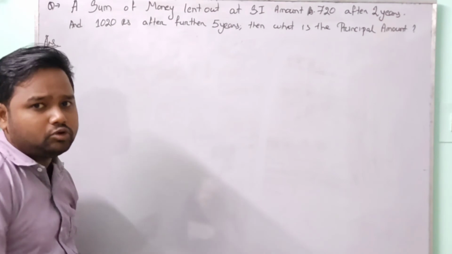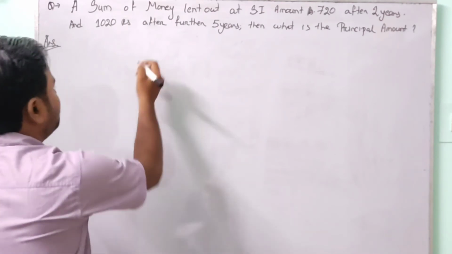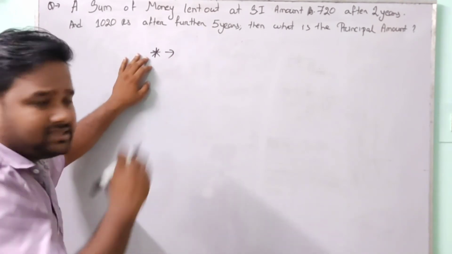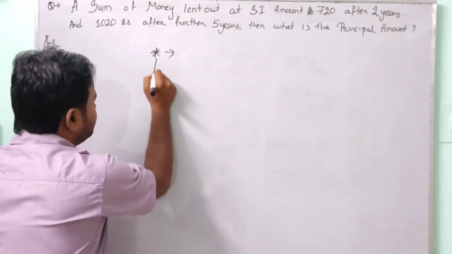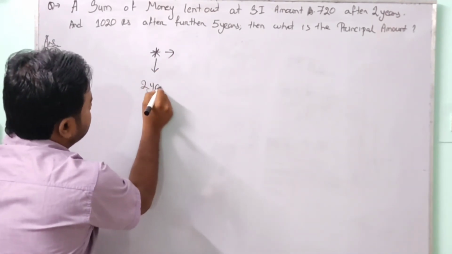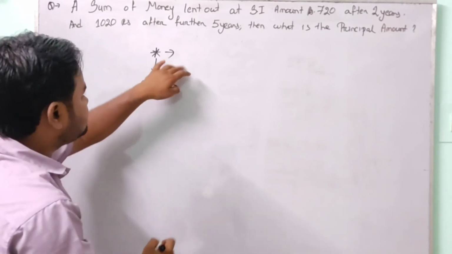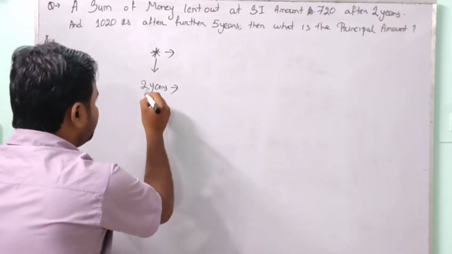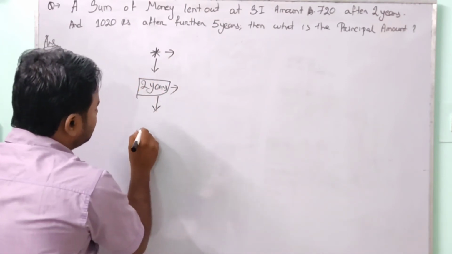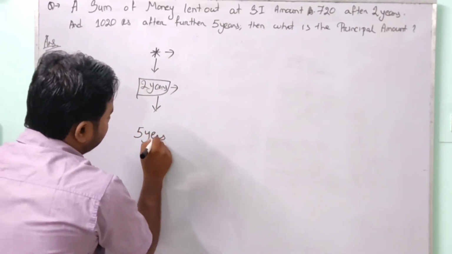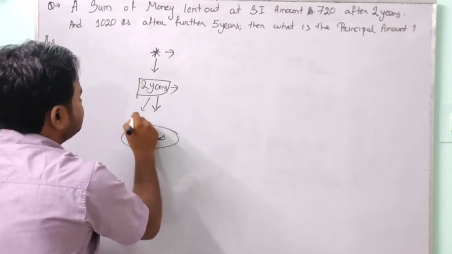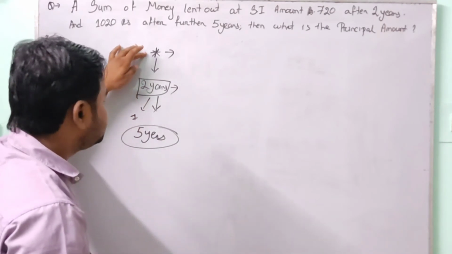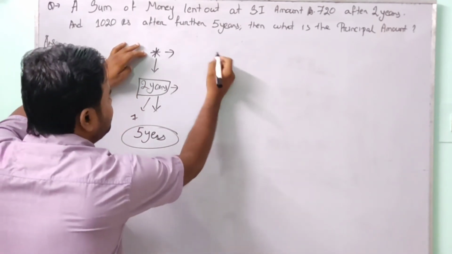So what do we have to do? First, this is the previous year, and this value is after 2 years. Next it is given after a further 5 years. A further 5 years means it is after 7 years. In the previous year, the value is what is asked.